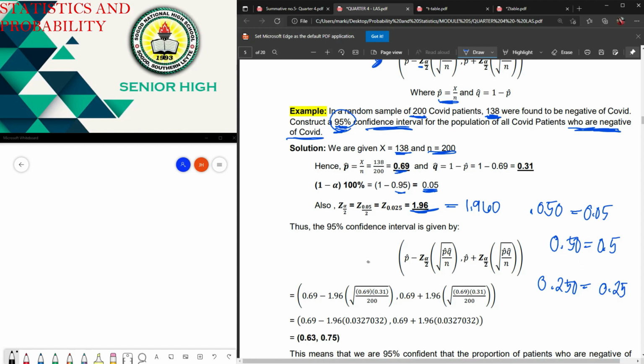But 0.025 is not equivalent to 0.25. Please be careful because the 0 is before 25. So it's just the same value if those 0s are at the last part. Okay, they have the same value.